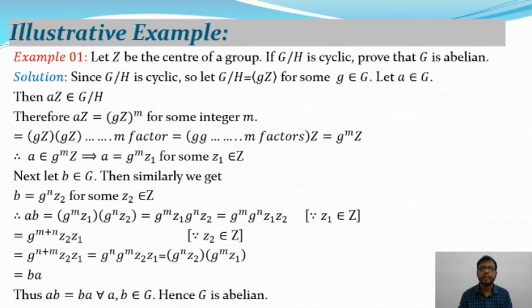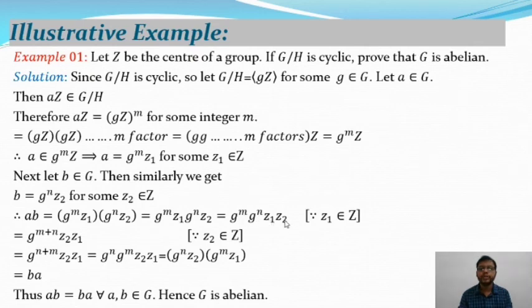That means ab is equal to ba. So ab, where a is equal to g^m z1 and b is equal to g^n z2, gives g^m z1 g^n z2. And you know that z1 lies in Z, that is, in the center of the group. So g^m z1 g^n z2 can be written as g^m g^n z1 z2.